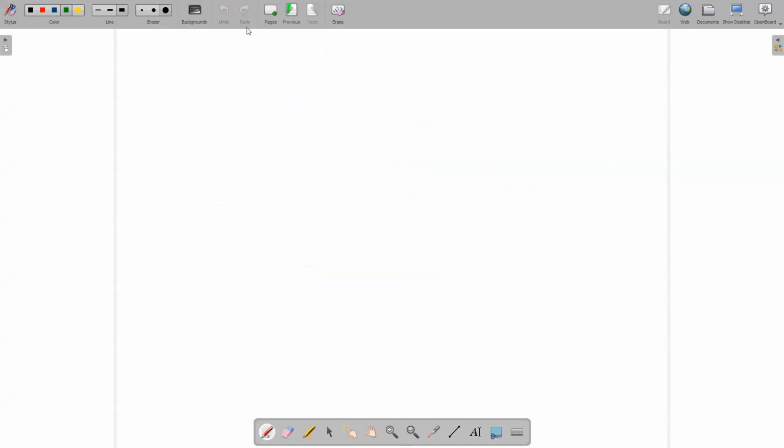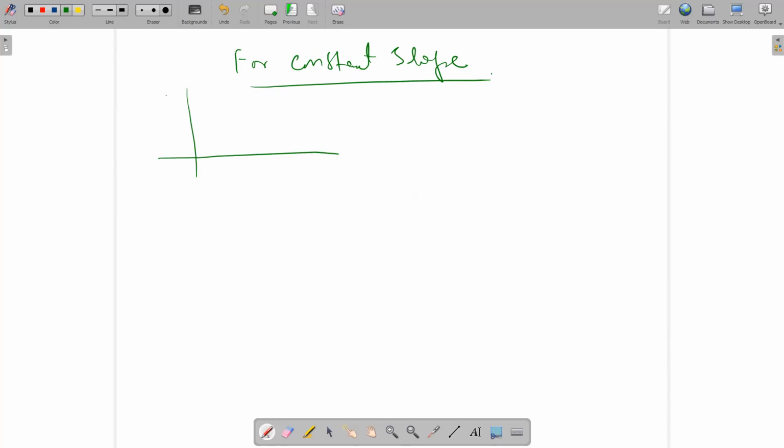So first I will discuss the straight line graphs. Straight line graphs mean where the slope is constant. If we have a displacement time graph and the line is straight, and this is angle theta, if I draw a line parallel to the time axis, this angle theta is called the slope.